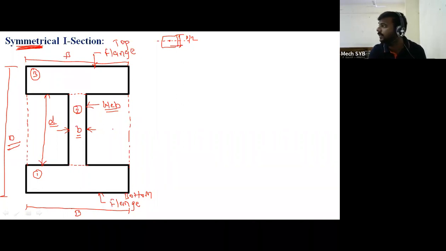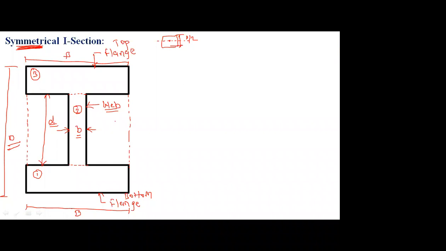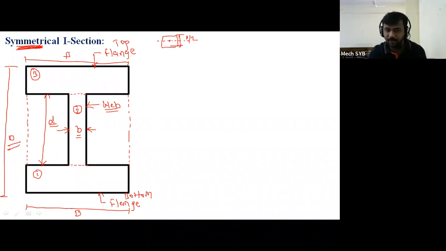Yes. Yes, sir. Why? Because if you see the dimensions of section number 1 and the dimensions of section number 3, both are the same. बरोबर आहे. जे काही टॉप फ्लॅंजचे डायमेन्शन आहेत आणि जे काही बॉटम फ्लॅंजचे डायमेन्शन आहेत, both are same. For example, if the top flange width is given as 200 mm, then the bottom width is also 200 mm.